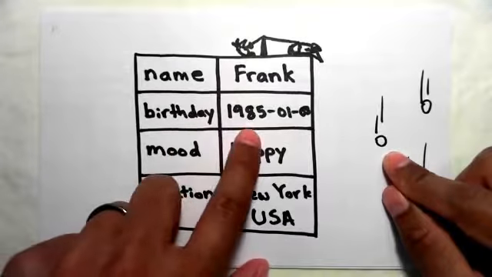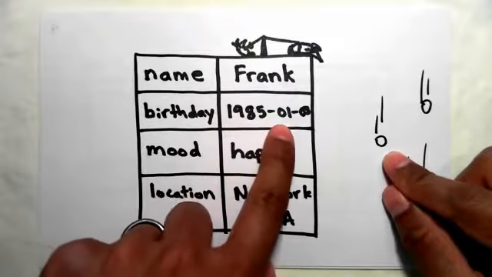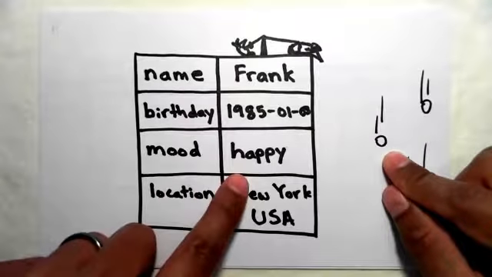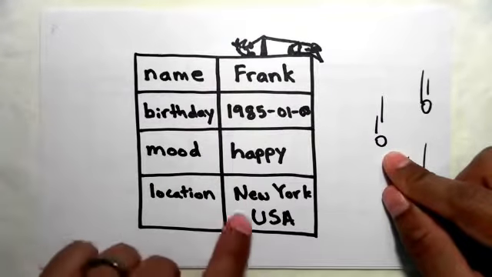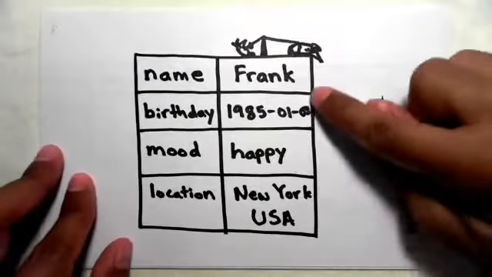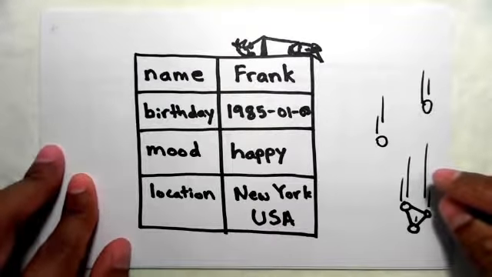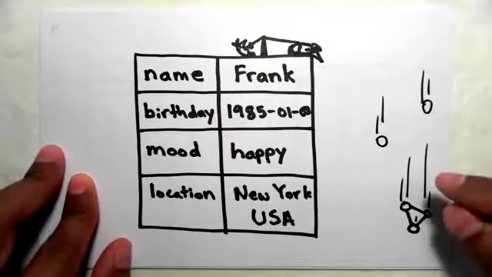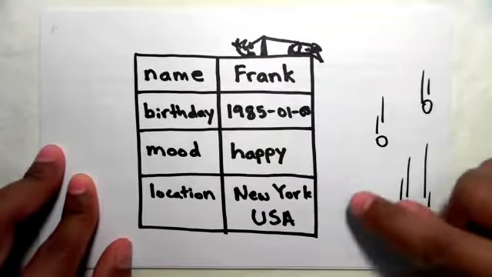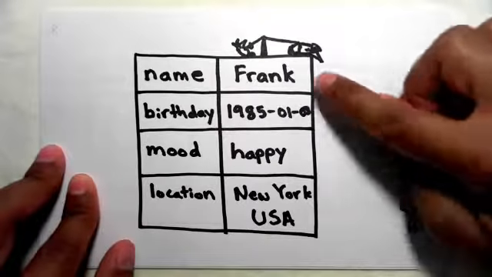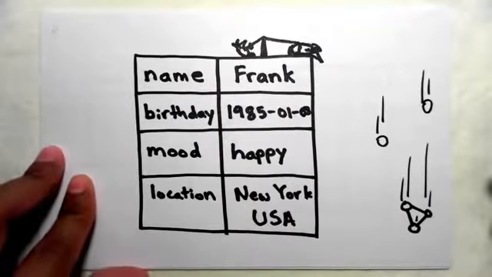This birthday property has a value of January 3rd, 1985. This mood property has a value of happy. This creates an island of information that the computer can understand. It knows how to process it because it has a pretty regular format. The problem is that it's not linked to anything. It's out on its own, and there's no way to figure out what Frank's relationship is to the rest of the world.